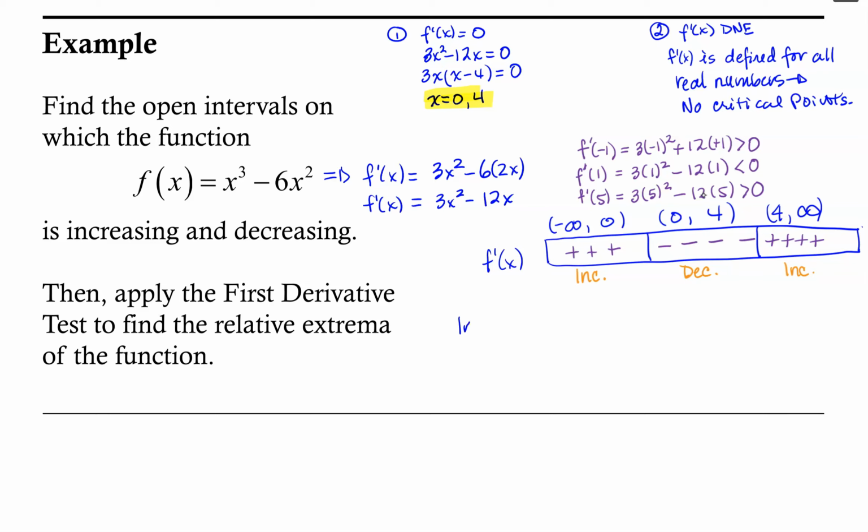So we would say that our function is increasing on the interval from negative infinity to 0, union the interval from 4 to positive infinity. And that our function is decreasing on the interval from 0 to 4.